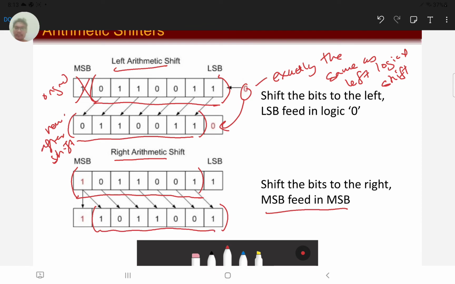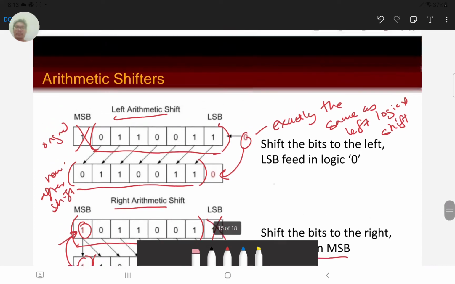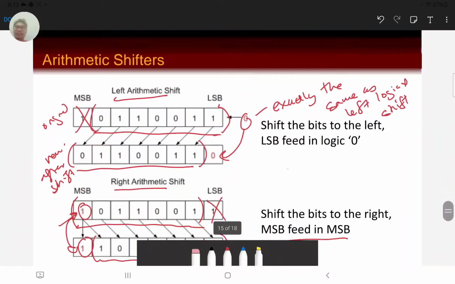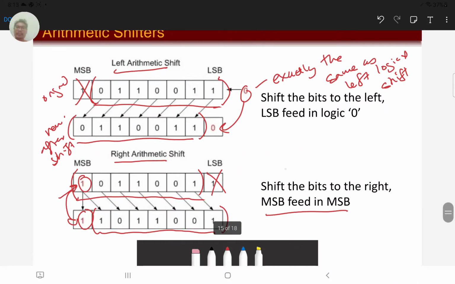Now what do we put inside here? We put the MSB of the original bits. The original MSB is 1, so we put 1 inside there, and this one is gone. So that is arithmetic shift and logical shift. Make sure you know the difference between the left logical, right logical, left arithmetic, and right arithmetic.